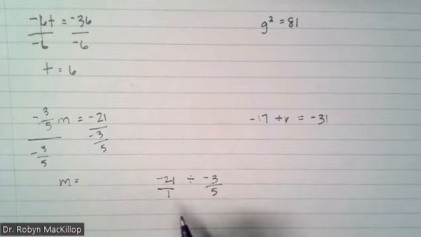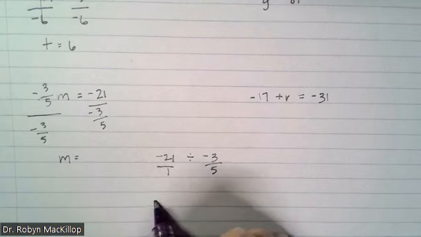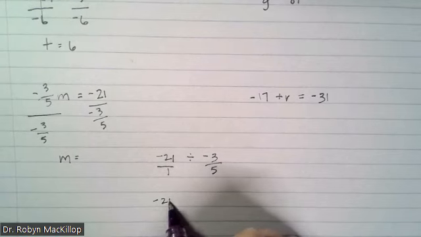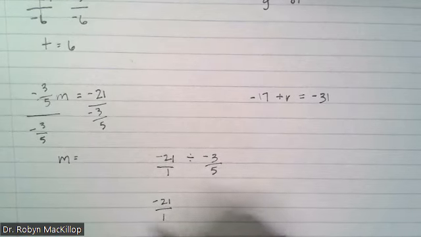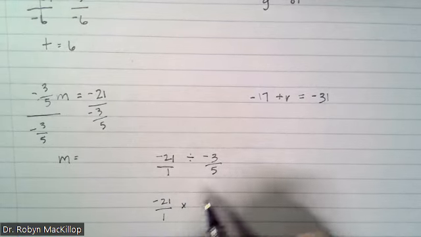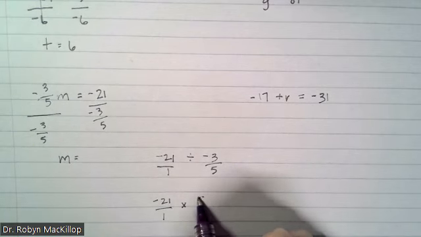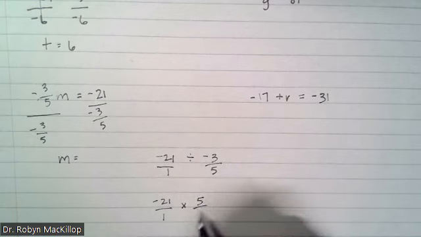And we can turn a fraction division problem into multiplication really easily. Start with your first fraction, leave it just like it is, negative 21 over 1 times, and you're going to do the inverse of this fraction, 5 over negative 3.